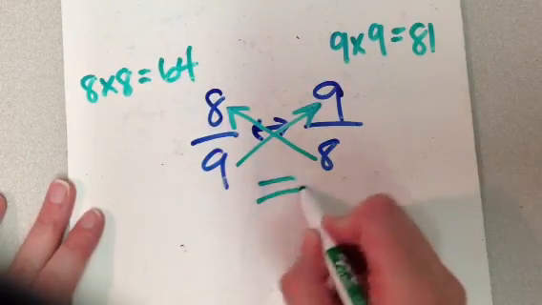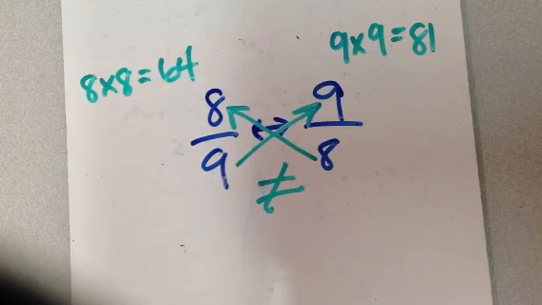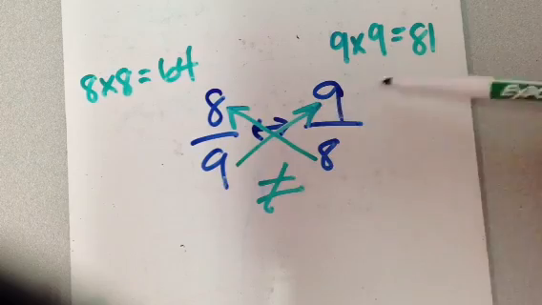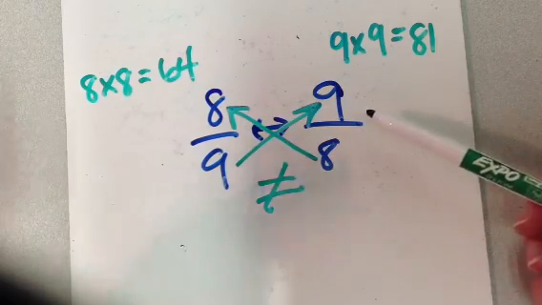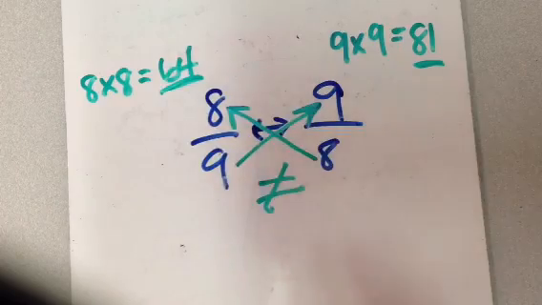So down here I would say these are not equal. Those two ratios are not equal because when I cross multiply and multiply them with the one that's diagonally across, I end up with two different amounts. So that it is not an equal ratio. They're not equivalent.